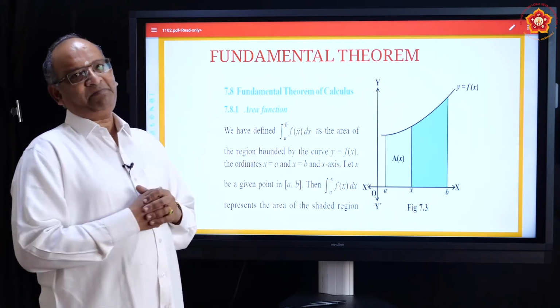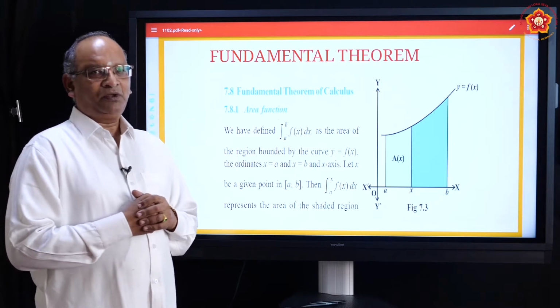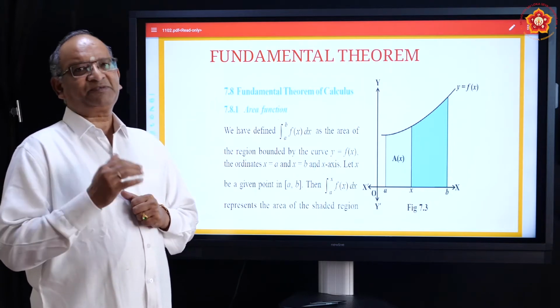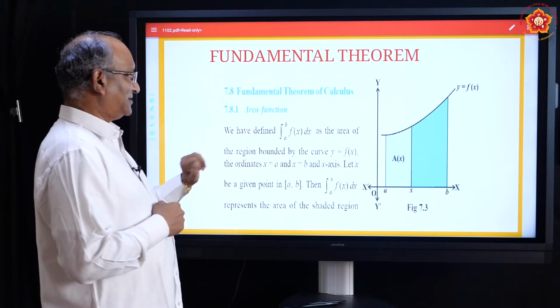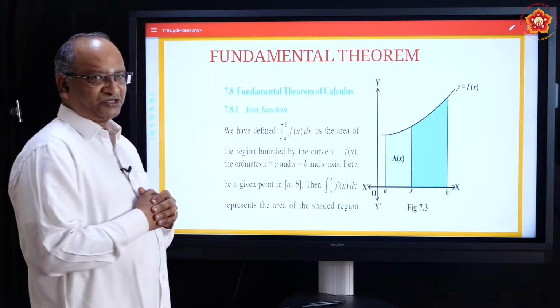Now let us see the second method which we are going to follow. More or less the same, but with a small difference. Now see it. Fundamental theorem of calculus. How do we find an area function?